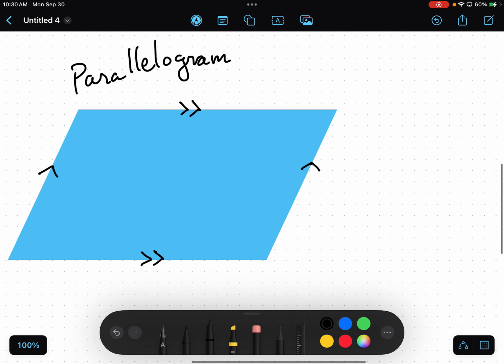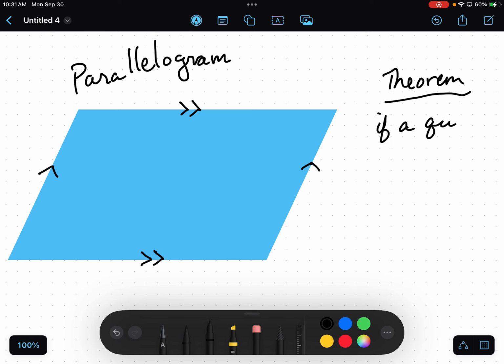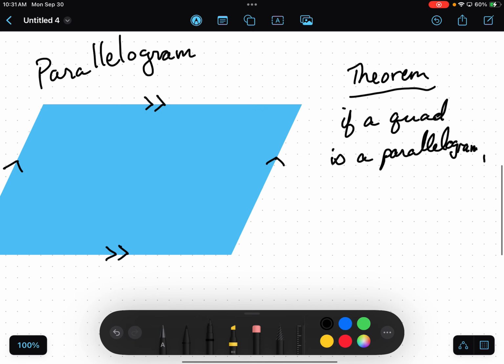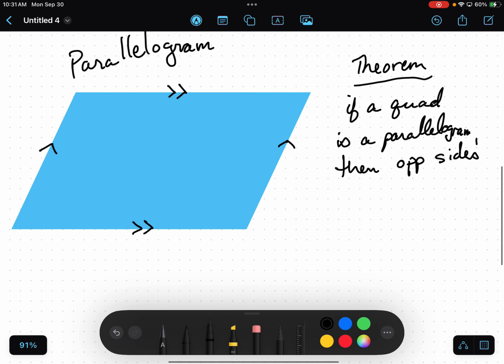And so, one of the theorems that's involved with our shape is: if a quadrilateral, so a four-sided figure, is a parallelogram, then the opposite sides, are you guys okay with me abbreviating opposite to be OPP? Okay. Then opposite sides are congruent.